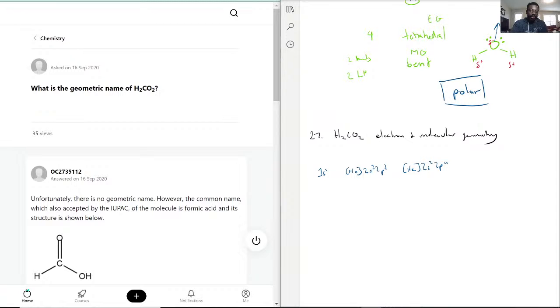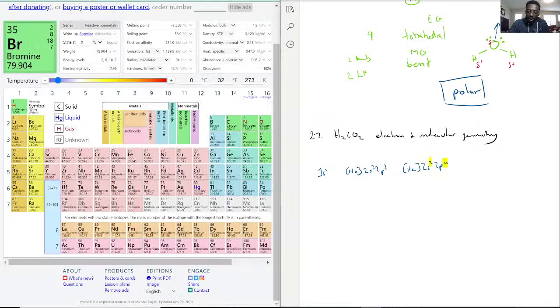So with that being said, carbon has 4 valence, hydrogen has 1, oxygen has 6. So that's 1 times 2, 4, and 6 times 2. So that's 12 plus 2 plus 4 should be 18, but I'm just going to check. Okay, good. We have 18 electrons total.